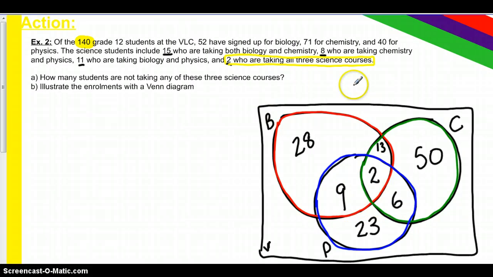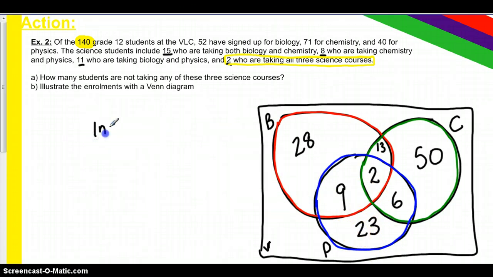Now we can add up the totals. So there are 52 biology students in the red circle, plus another 56 right here, so that's 108, and the 23 would be the last number to add up. So that gives us 131.